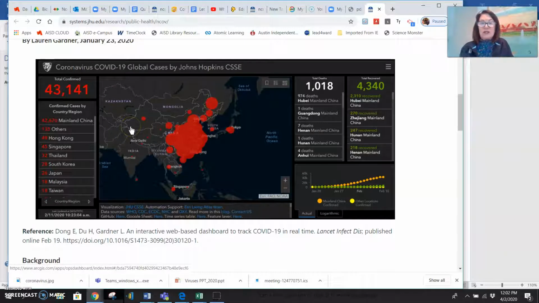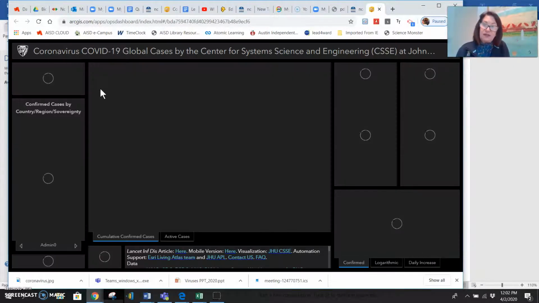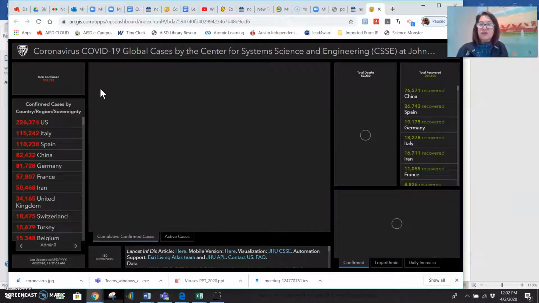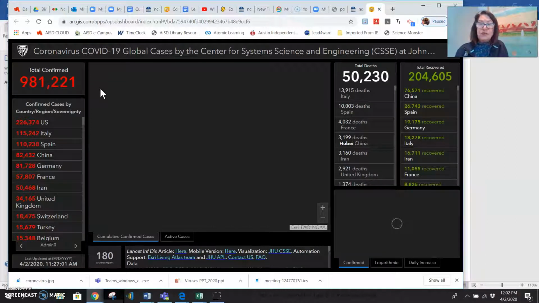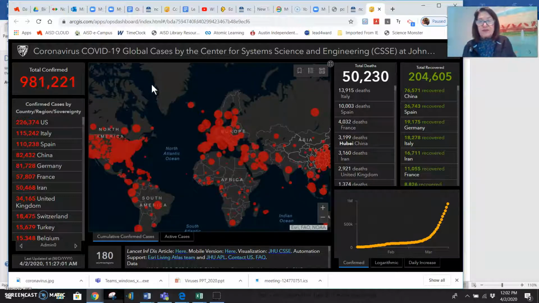So I'm going to click on this page and it's going to take me to the most current information. So we'll come up with this new one here. It takes a second. So this is showing us where the virus is and how much it's spreading and everything.